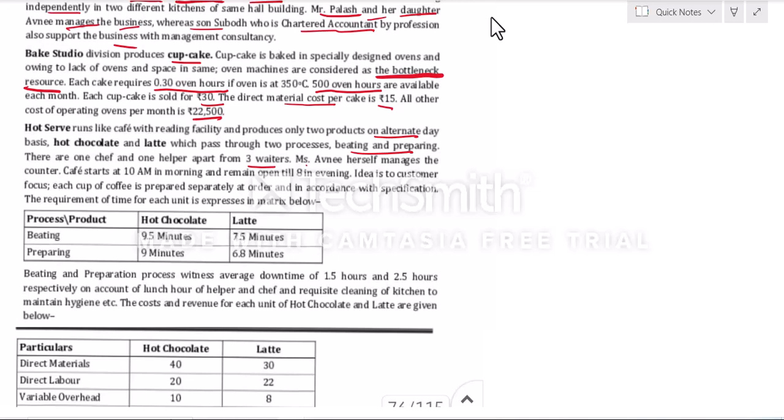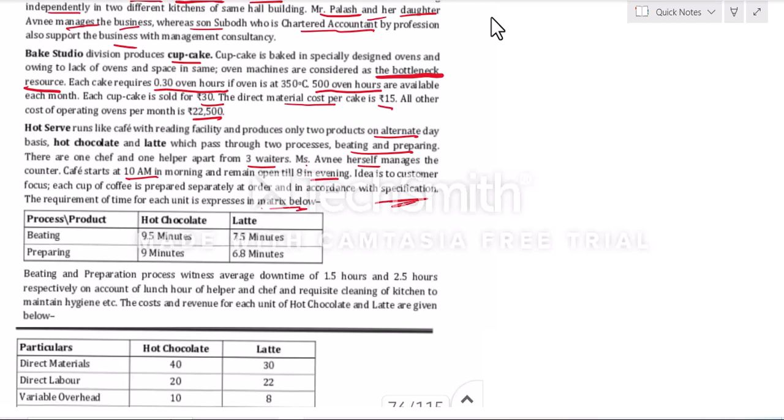Miss Avni herself manages the counter. Cafe starts at 10 a.m. in the morning and remains until 8 in the evening. Idea is customer focus. Each cup of coffee is prepared separately at order and is according to specification. Next, requirement of time for each unit is expressed in the matrix below.